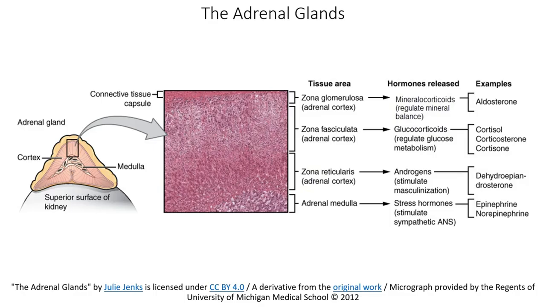These hormones that are coming from the glomerulosa region are collectively referred to as mineralocorticoids. So their job is to regulate the balance of different minerals in the body, like sodium and potassium and calcium. And so an example of this would be aldosterone. Aldosterone is really important for regulating sodium and potassium ions in urine, sweat, and saliva.